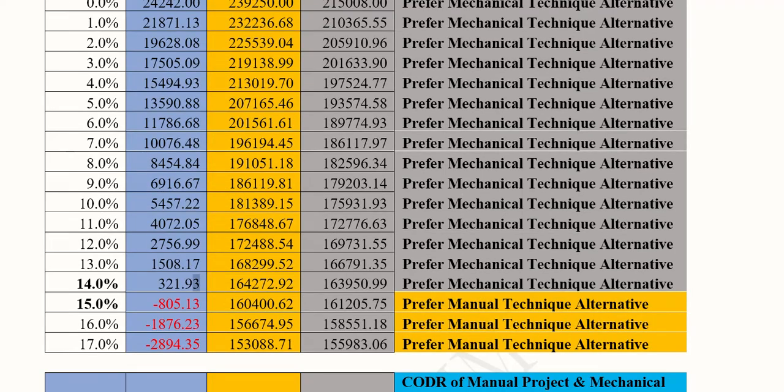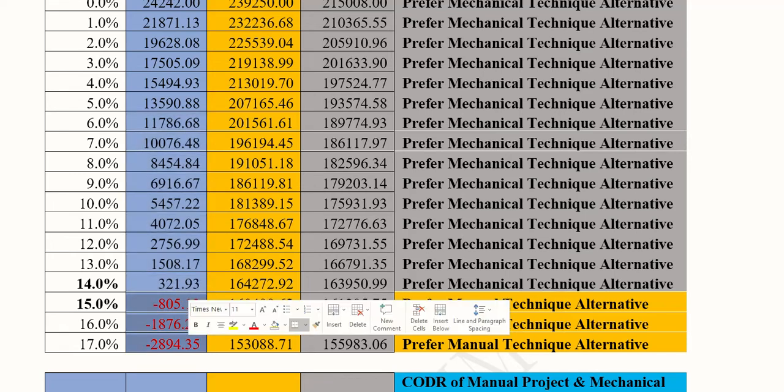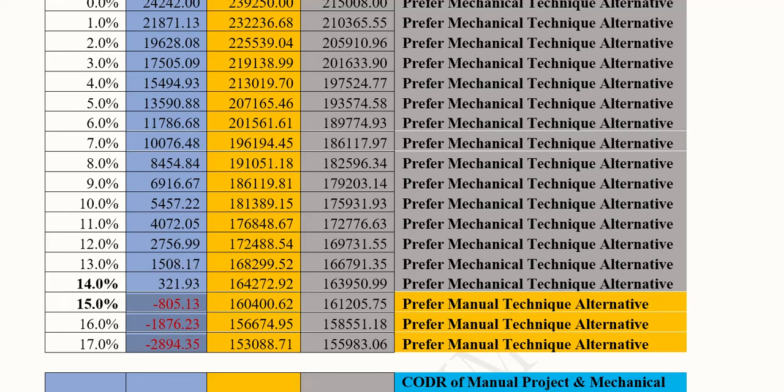It means that there is a positive additional cost on the manual technique, so it is definitely more expensive as compared to mechanical. So we choose the mechanical technique till there. But when it turns negative, it means that the cost on the manual technique is now lesser than that of the mechanical technique. Therefore, it is suitable to go for the manual technique.